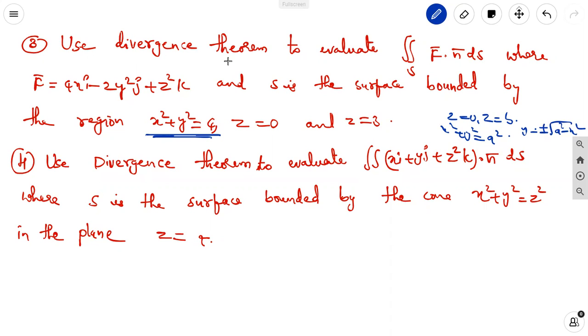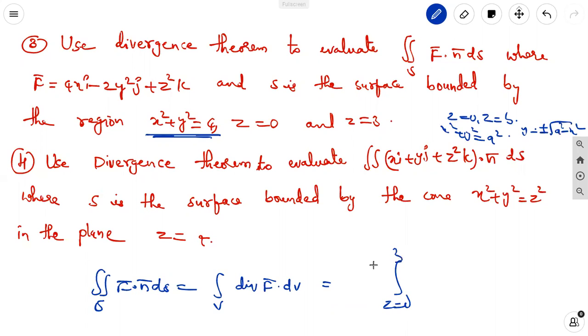Use divergence theorem means we can write it as surface integral f vector dot n vector ds is equal to volume integral div f vector dv. Div f vector dv means that is dou f1 by dou x plus dou f2 by dou y plus dou f3 by dou z, and z limits from 0 to 3, y limits from minus under root of a square minus x square to plus under root a square minus x square, x limits from minus 2 to 2.